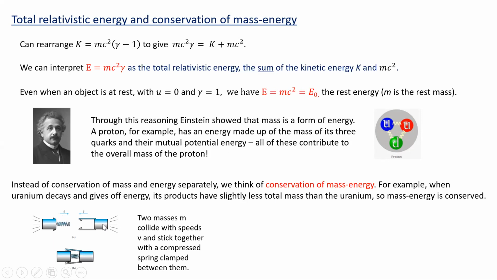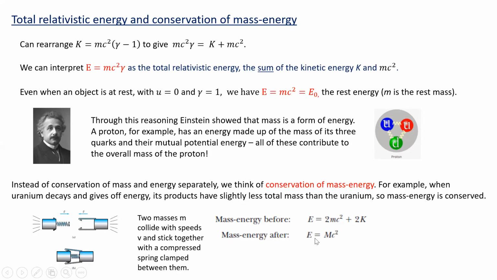So let's analyze this in terms of what we know about the total relativistic energy and the conservation of mass energy. The mass energy before would be each of them, since they have mass m, has rest energy mc squared, and they would each have the same relativistic kinetic energy, which would be mc squared times gamma minus 1. So the mass energy before would be 2mc squared plus 2k.